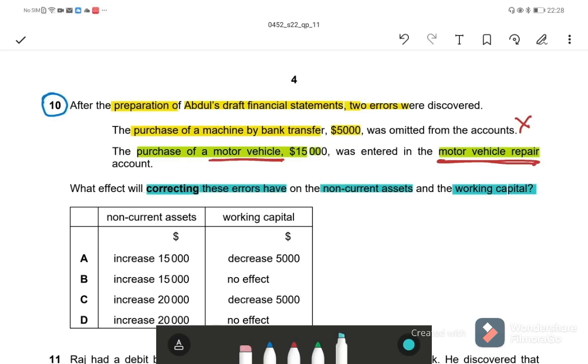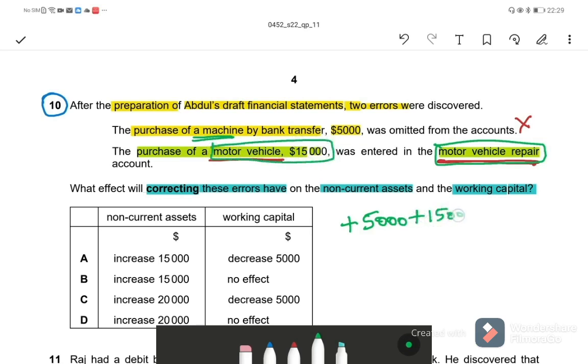So after the correction of error, they omitted the purchase of machine, so when they correct this, plus 5,000, they have to add in non-current asset. And the purchase of motor vehicle by mistake they entered in the motor vehicle repair account. Now when they are correcting the error, they will add motor vehicle 15,000. So total they add 20,000. So it will increase the non-current asset by 20,000.